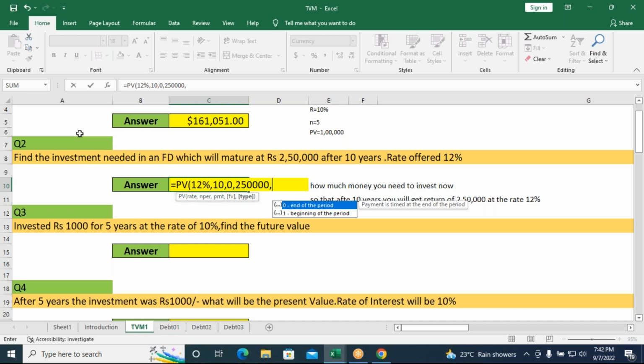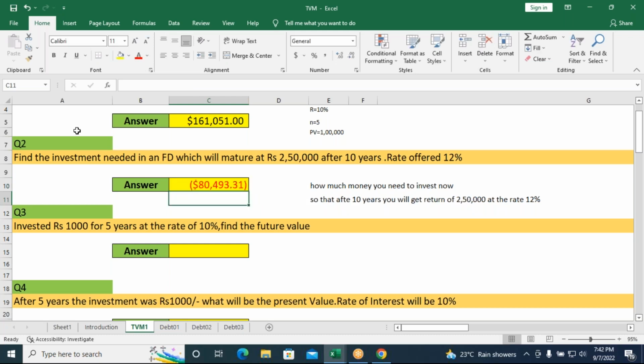It means the investment I should make today. So for that I should give it as 1. That is beginning of the period, and I'll close the parenthesis. Enter. So I need to invest 80,493 rupees in order to get the value of 2.5 lakhs after 10 years.